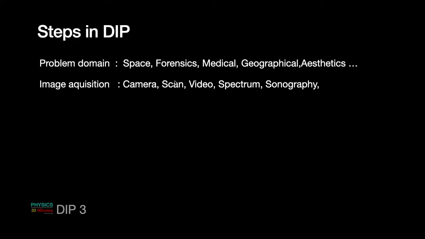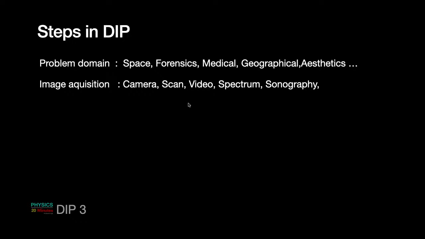For example, when you go and get your sheets xeroxed, the xeroxing machine is nothing but scanning your document. And there are many other different types of scanners for different purposes. Video is another source. You take a frame from a video camera and that will give you an image.